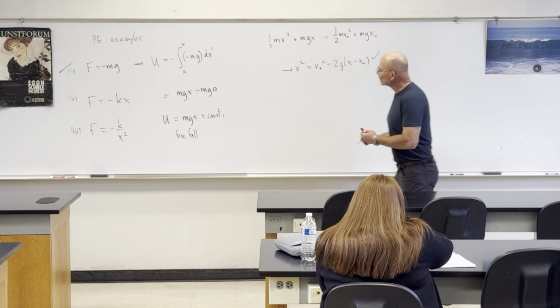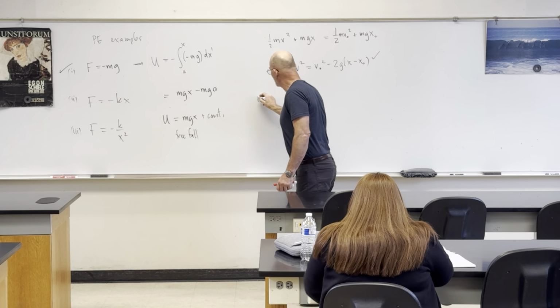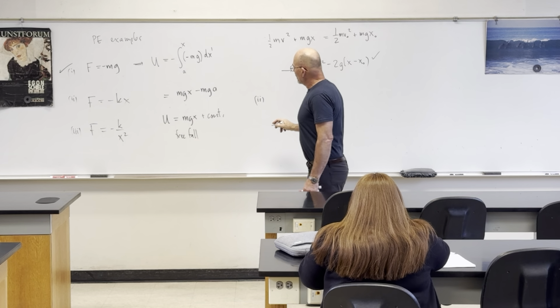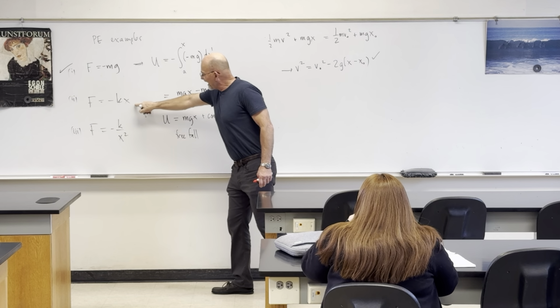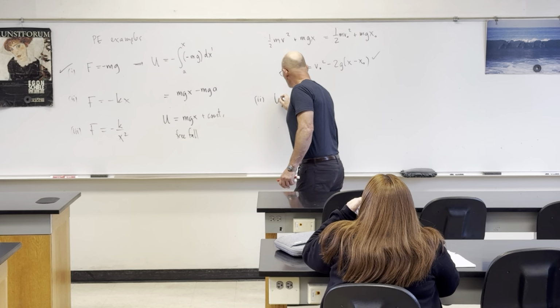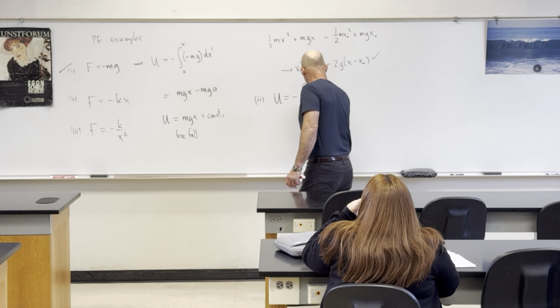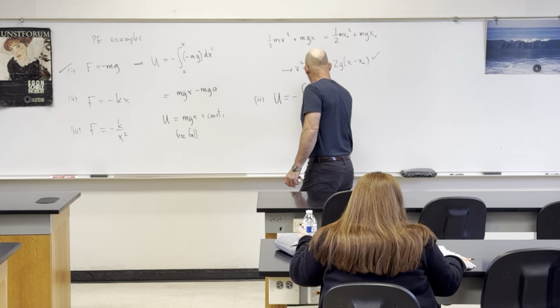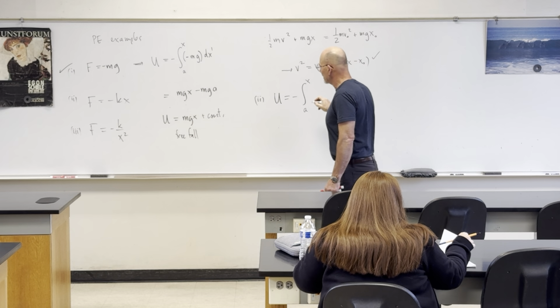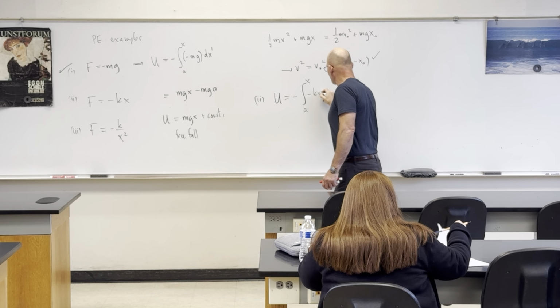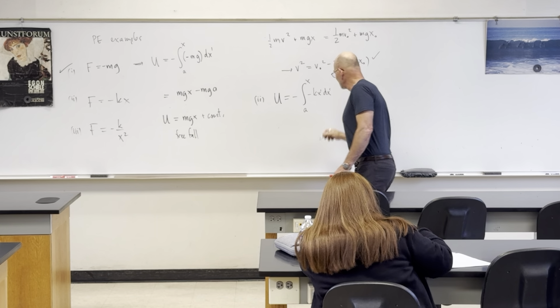So for this next one, for number 2, we've got F equals minus kx. So now we have U equals negative integral from a to x of minus kx dx.